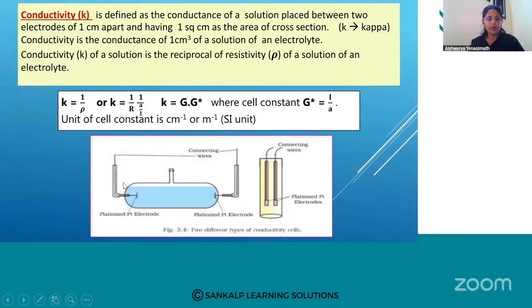So what is happening in the conductivity cell? We insert two platinum electrodes which are coated with platinum black.